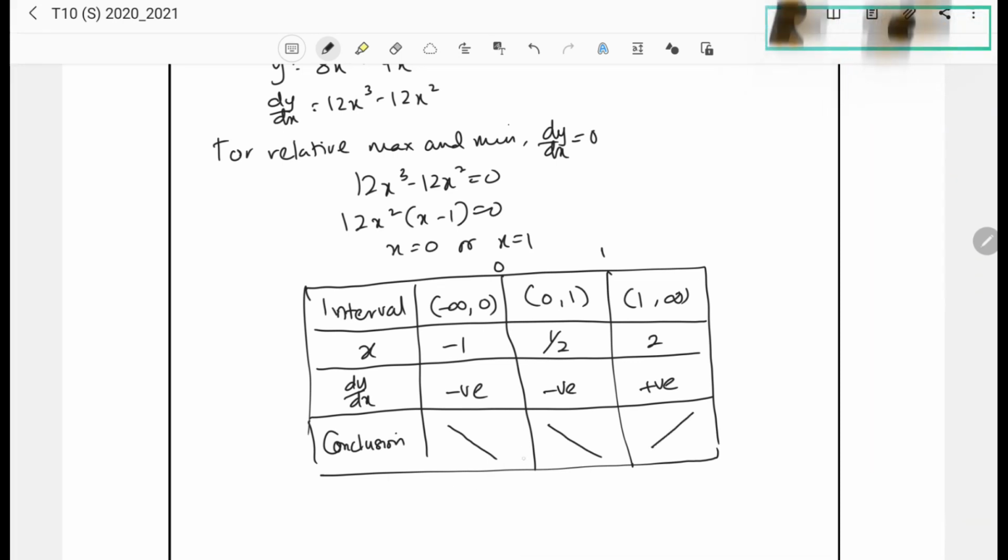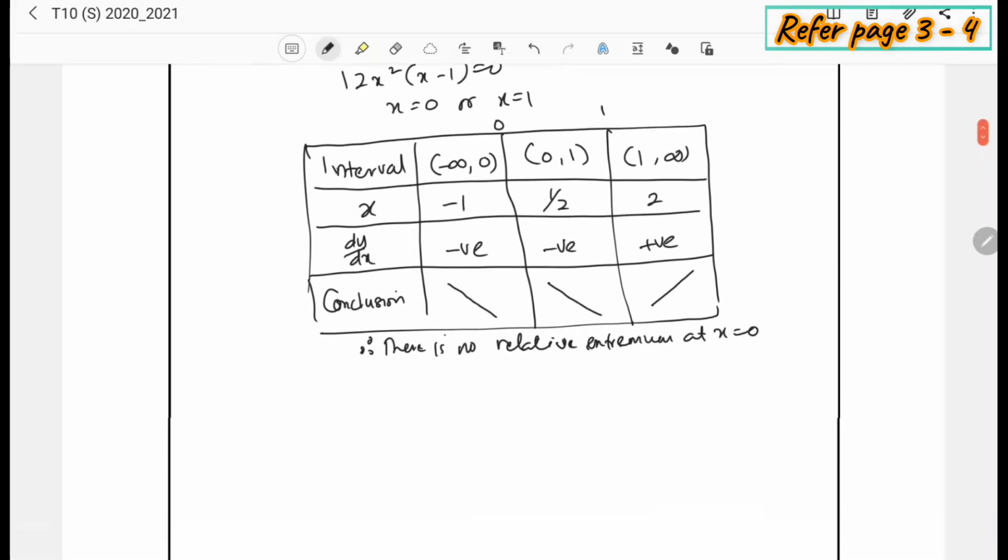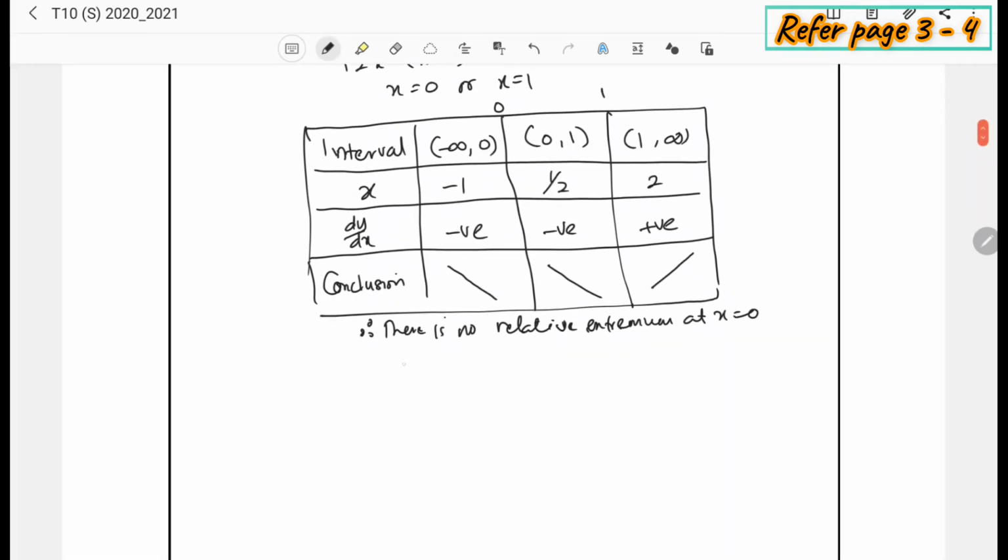So at x equals 0, there is no relative extremum. But at x equals 1, you have the minimum point.